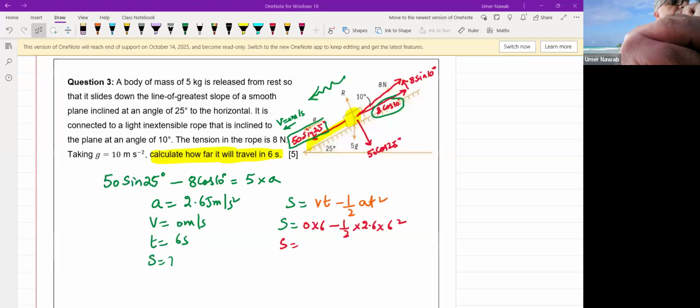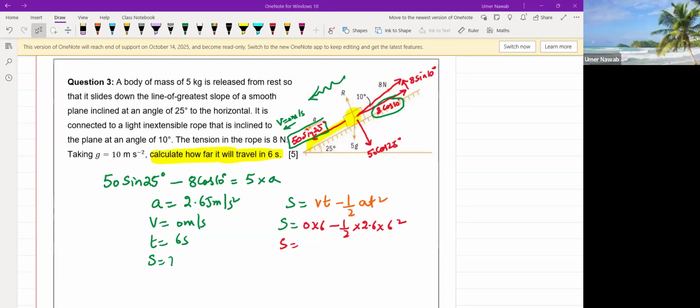46.8. Now, if we look into the situation, when we applied Newton's second law of motion, it gave us the value of acceleration 2.65. But we did not use it. If I calculate it again, let me try.